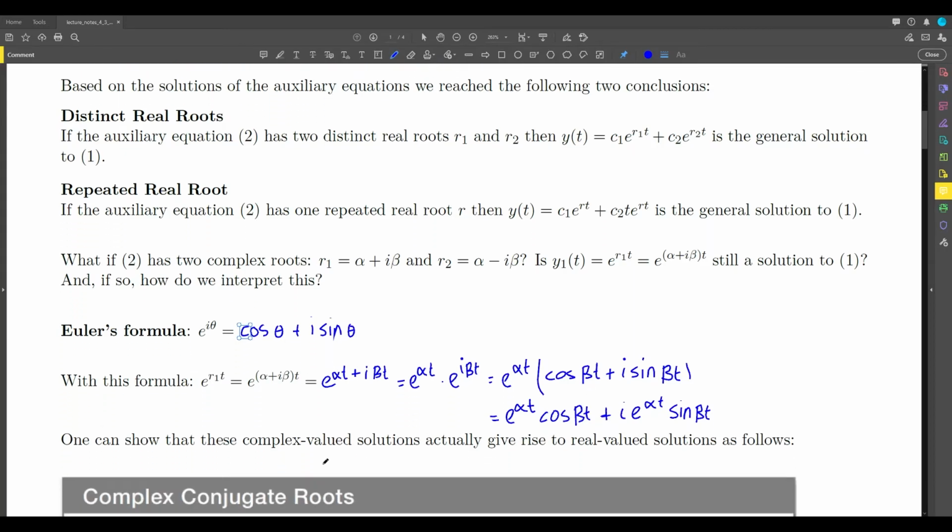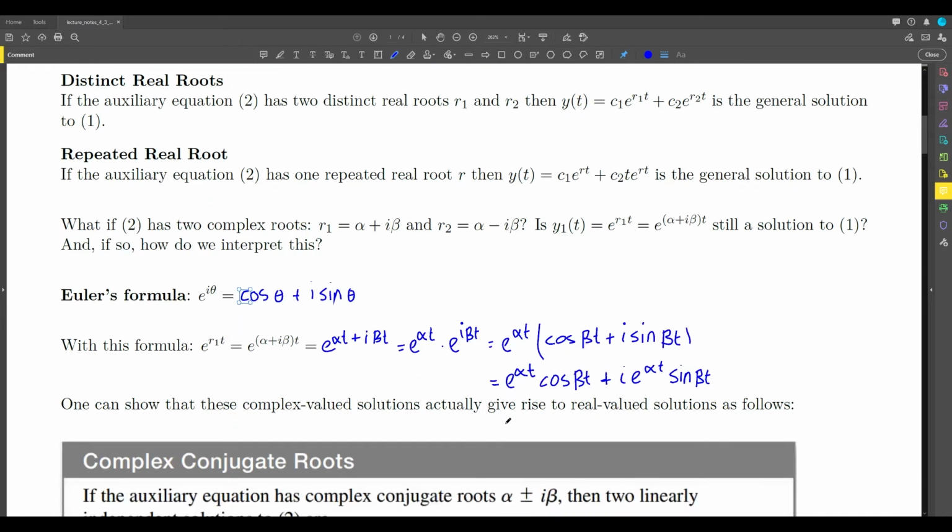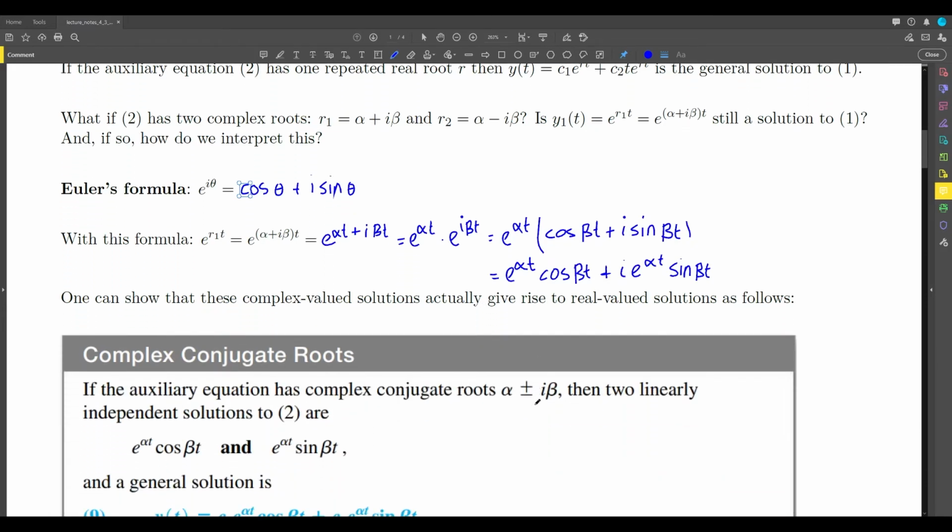Now, one can show that these complex valued solutions actually give rise to real valued solutions as follows. If the auxiliary equation has complex conjugate roots alpha plus or minus i beta, then two linearly independent solutions to the differential equation 1 are e^(alpha t) cosine beta t, that's the real part, and then e^(alpha t) sine beta t, that's the imaginary part of the complex solution.